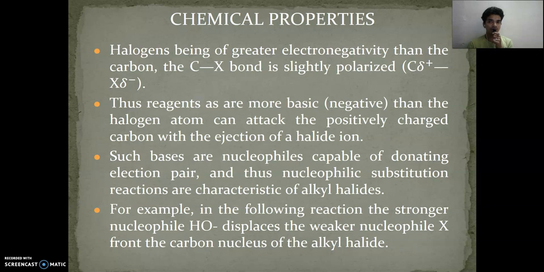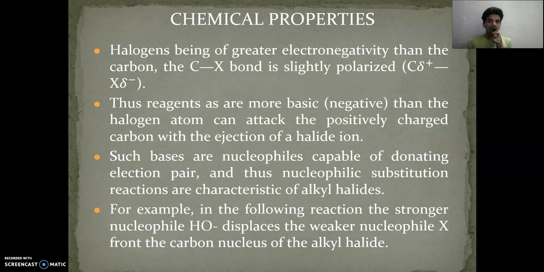Such bases are nucleophiles, capable of donating an electron pair, and thus nucleophilic substitution reactions are characteristic of these alkyl halides. Meaning, carbon is electropositive, so a more electronegative reagent easily attacks that particular carbon atom.